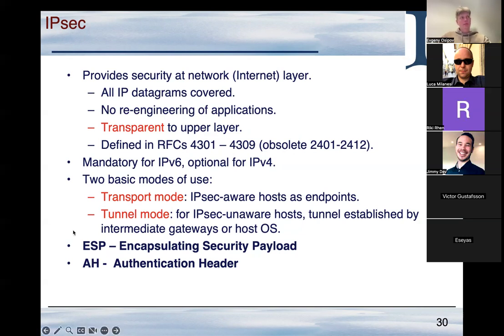This functionality is called encapsulating security payload, and it authenticates the sessions so that you can be sure that you are talking to the right entry point to the network, so to say.